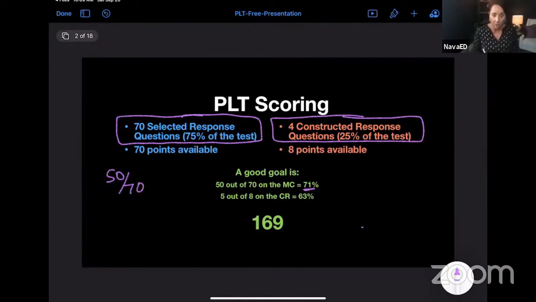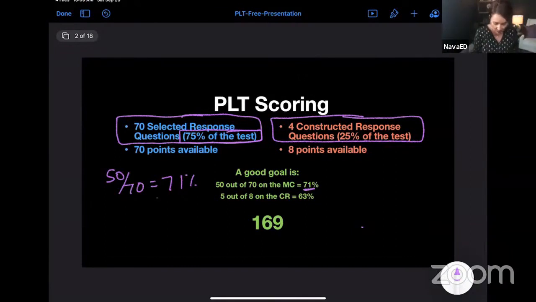All right. So what I want to do is find the percentage. When I take 50 and divide it by 70, I get 71%. However, that is 71% of 75% of the test, because remember, the multiple choice is only 75%. So how do you take 71% of 75% of the test?